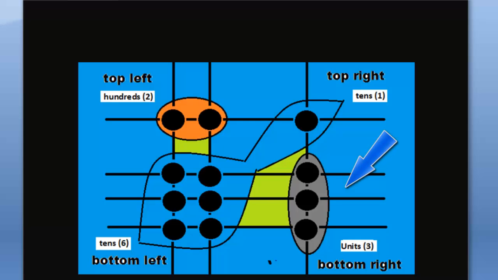So I have 3 intersections at the bottom right, which is the units place. In the tens place, at the bottom left I have 6 intersections, whereas at the top right I have 1 intersection, and when I add them together I get 7 intersections representing the tens place. And in the top left there are only 2 intersections, which form the hundreds place.